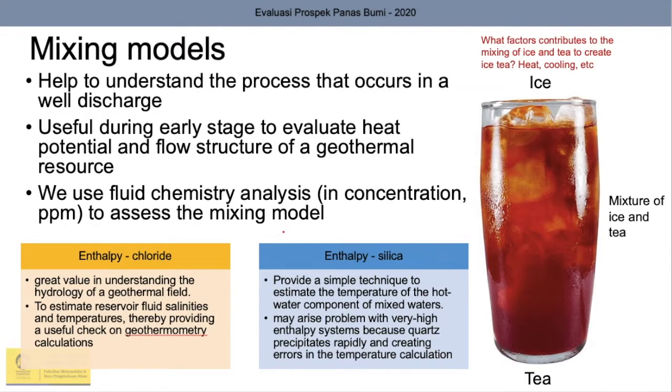It's more relatable to fluid chemistry, but somehow it's also closely related to thermodynamics law, which happens to be mass and heat balance. So this is an analogy for the mixing model where we have an iced tea. We want to assess what factor contributes to the mixing of ice and tea in order for us to create iced tea.